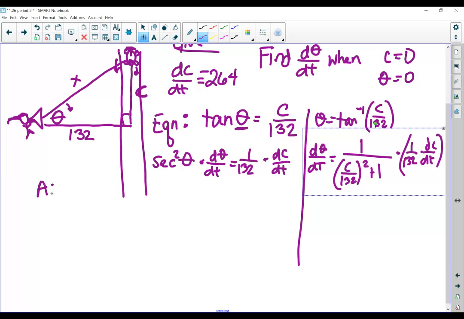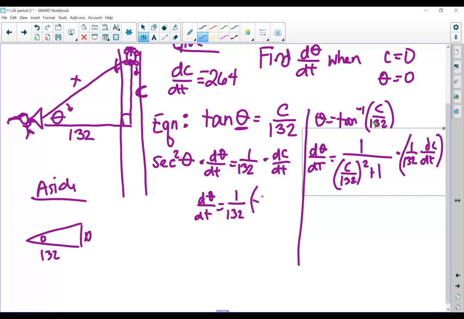So here's my aside. At this moment, we know that c is 0, or you can think this is 0 radians, because the car is right in front of her. Now I know dc dt at this moment is negative 264, so I'm going to put that in.